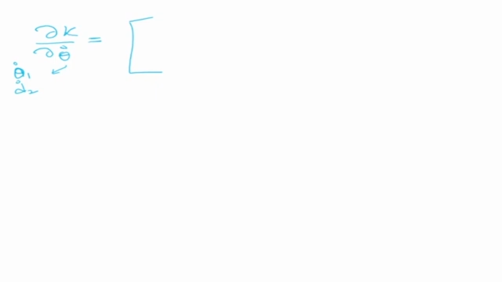So we'll differentiate with respect to theta 1 dot first, then with respect to d2 dot. So what we'll get is m1 L1 squared plus IZZ1 plus IZZ2 plus m2 d2 squared, into theta 1 dot. That is the first equation that we have to differentiate.